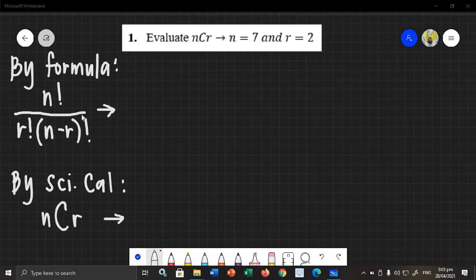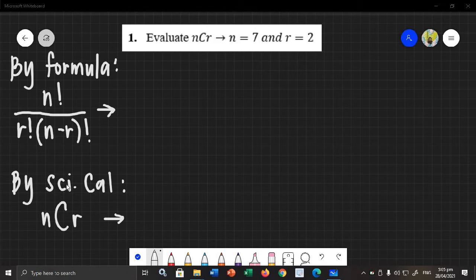So let us solve the first example and let's evaluate NCR given that N is equal to 7 and R is equal to 2. Now, if you do not have a scientific calculator, you can use the formula for combination, which is this one.